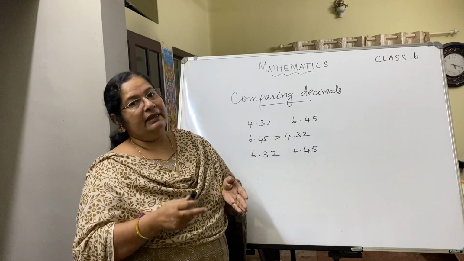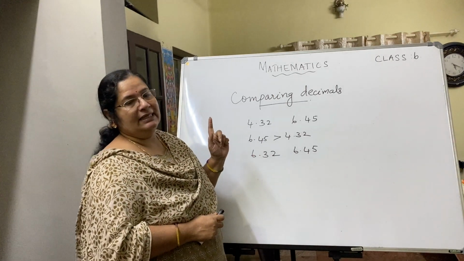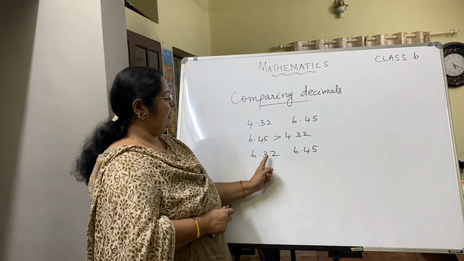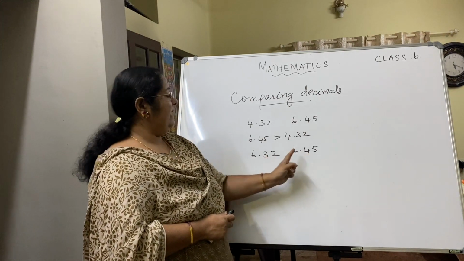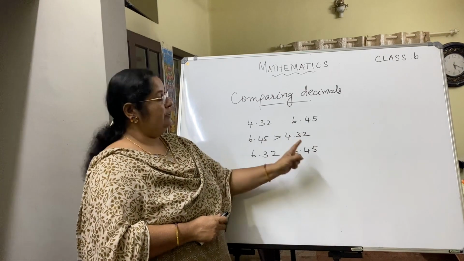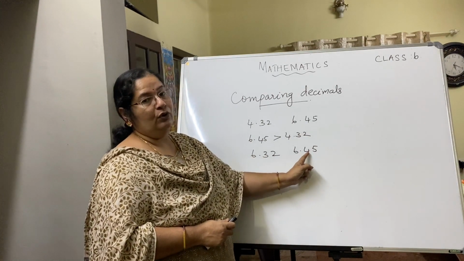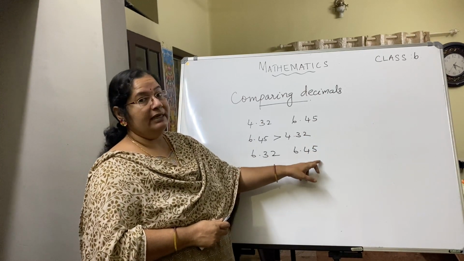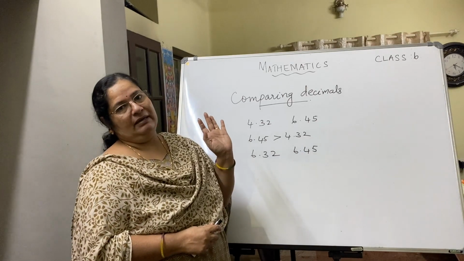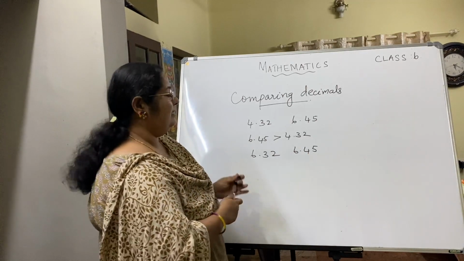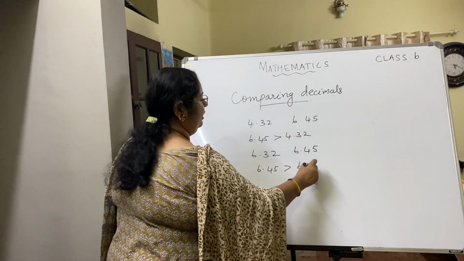First you compare the 10th place. Here the 10th place digit is 3. Here the 10th place digit is 4. Which is greater? 4 is greater. So the decimal with the greater 10th place will be the greater decimal. So here, since 4 is greater, 6.45 will be greater than 6.32.